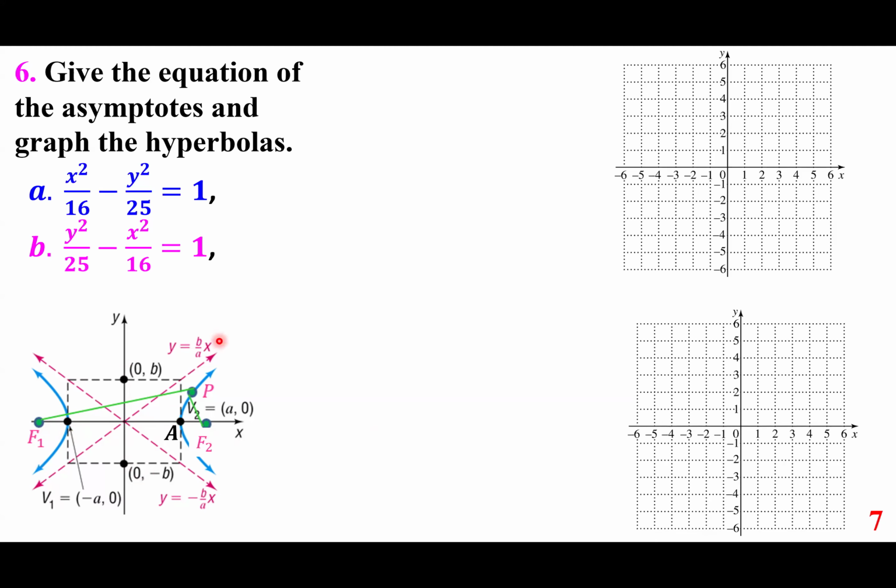And these two lines are dashed lines because those are the asymptotes. The equation for the asymptotes is y equals plus or minus b over a times x. And this is a fundamental rectangle: if you graph it properly, the diagonals become the two lines that we are interested in.